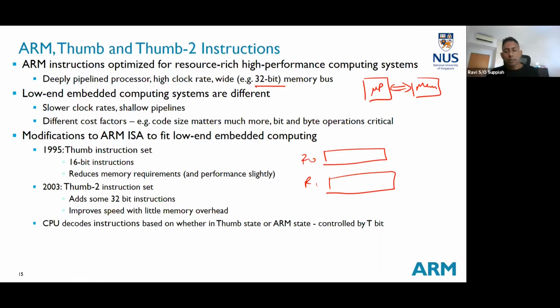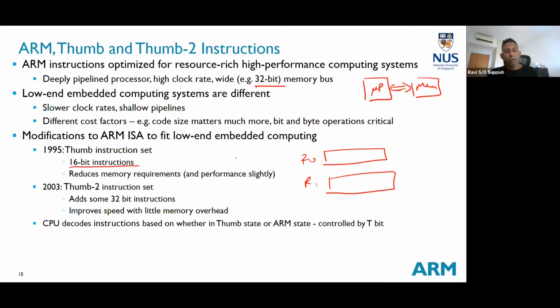In the past, because memory had not caught up in terms of pricing, 16-bit memories were cheaper than 32-bit memory. So they decided to design a slightly modified architecture to fit 16-bit memory systems. That's why they came up with the Thumb instruction set, where they have 16-bit instructions instead of 32-bit.